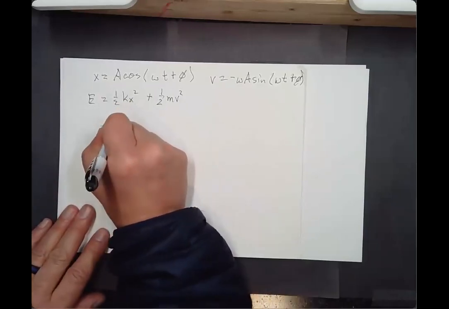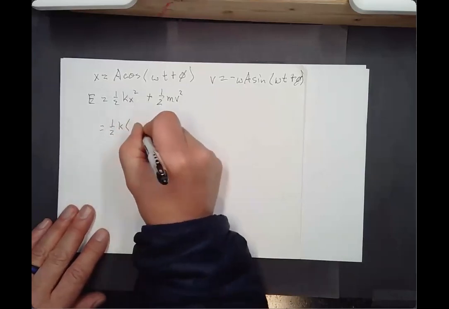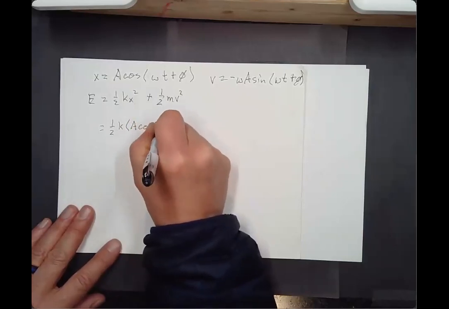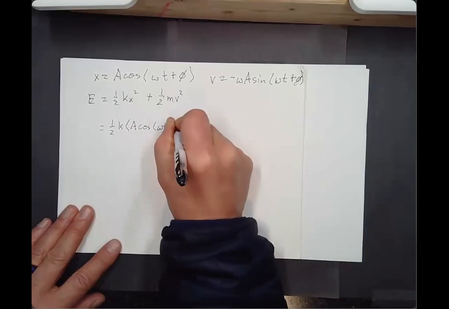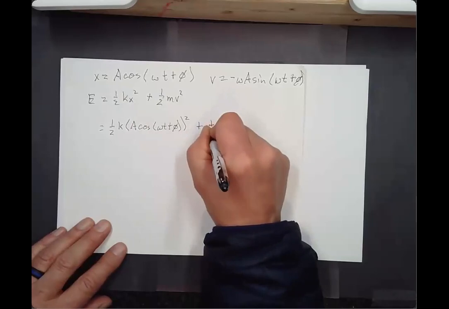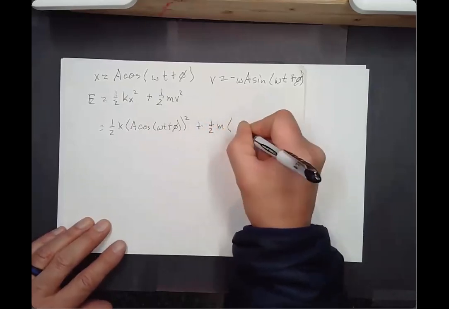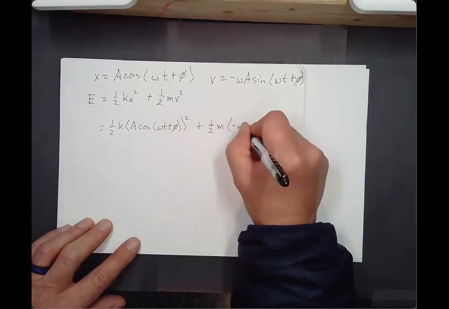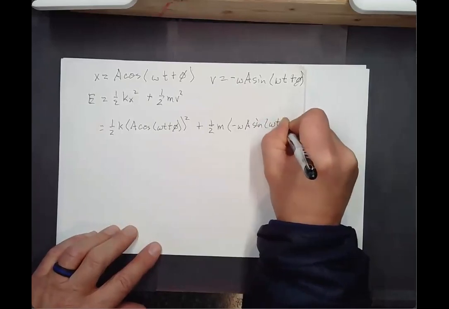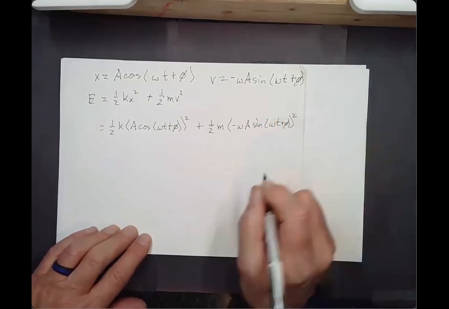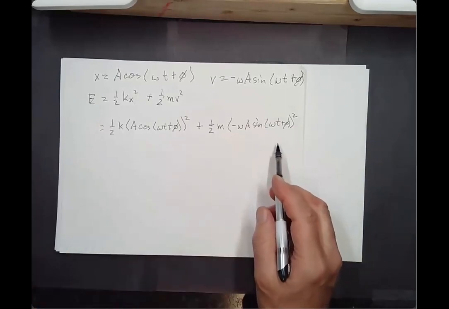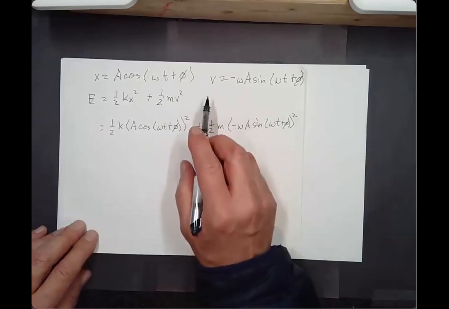So I'd get 1/2 k times a cosine of omega t plus phi quantity squared, plus 1/2 m times minus omega a sine of omega t plus phi squared. Well, when you square a negative, you get a positive. Kinetic energy is always positive because it depends on the square of the speed.